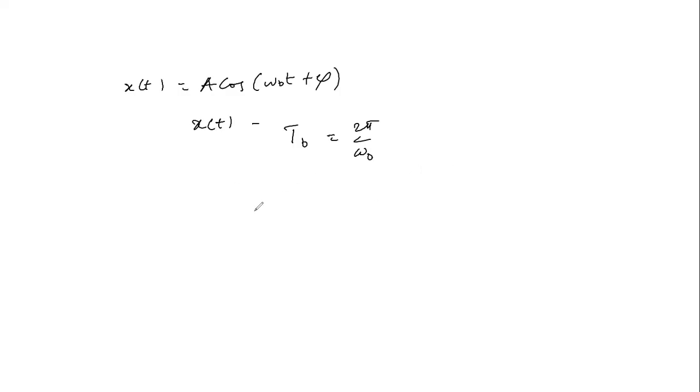Okay. And now we'll have to estimate the average power of the signal. That is P equals 1 over T naught, integral from 0 to T naught, of S of t squared dt.